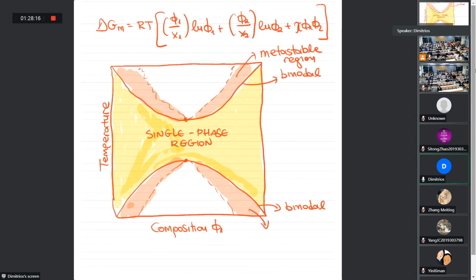So this is metastable, this is metastable. The curves that separate the metastable region from the two-phase region are called spinodals.